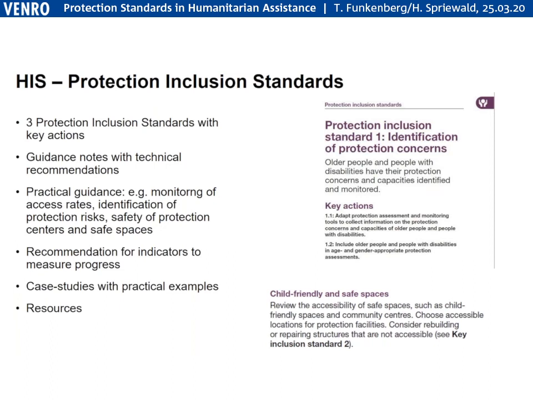I took a screenshot from the first standard, which says older people and people with disabilities have their protection concerns and capacities identified and monitored, and are followed by 2 key actions, which then are further explained and are followed by key guidance notes on how to do it with technical recommendations. For example, how to monitor access rates, how to identify protection risks, how to ensure the safety of protection centers and safe spaces.